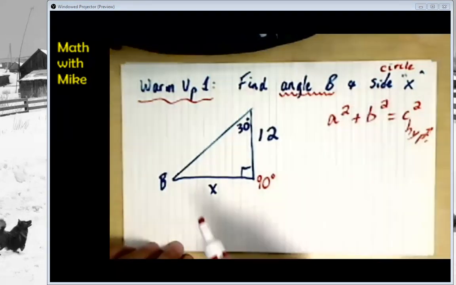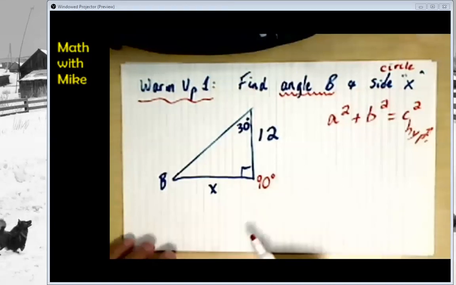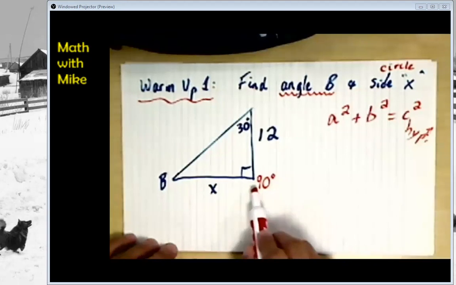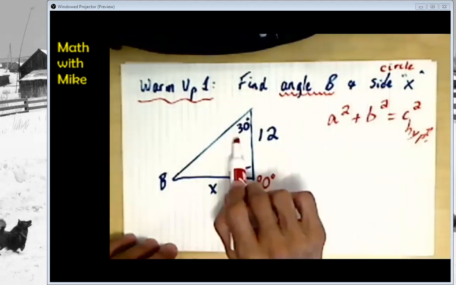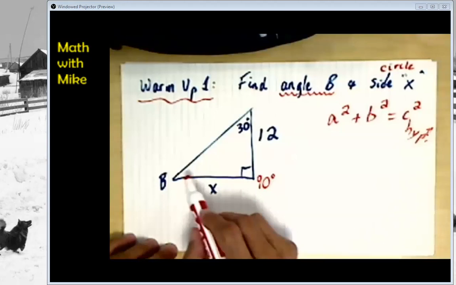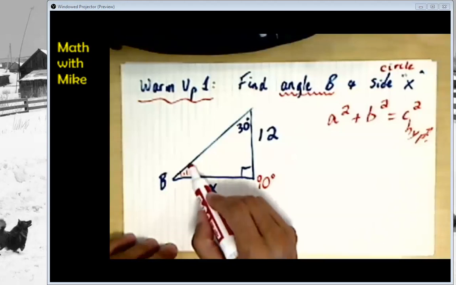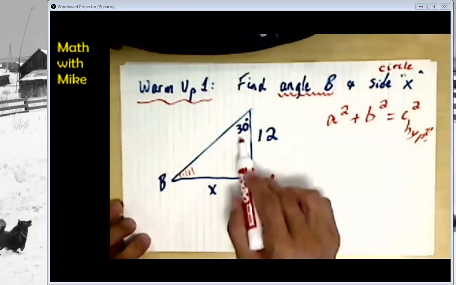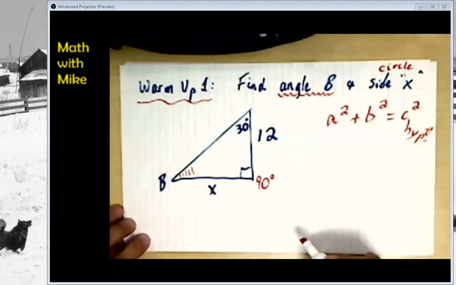Okay, and the fact is this, we had enough time to think about it, right? That square is always 90. That 30 is, well, 30 because it's given there. And we're trying to figure out what this angle is. Angle B. Well, whenever you add these 1, 2, 3 angles together, they always add up to the same number.